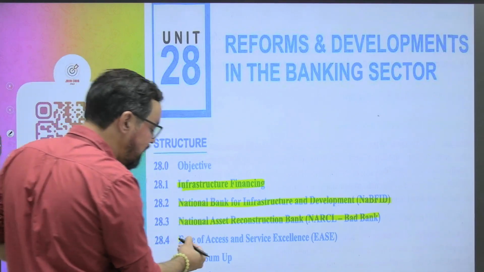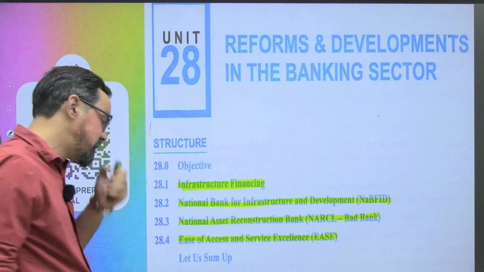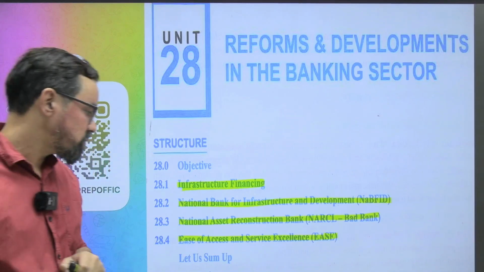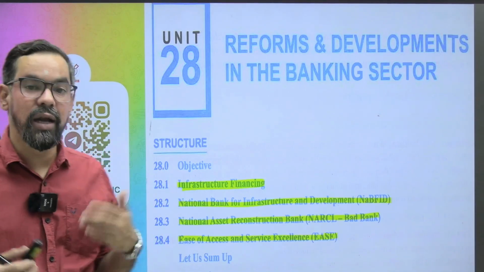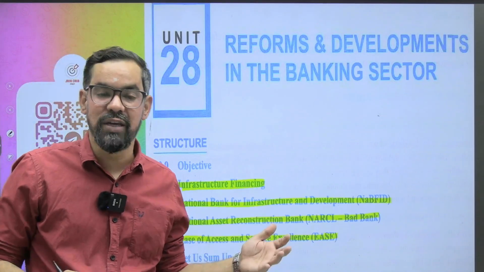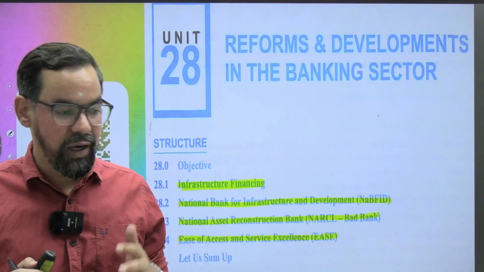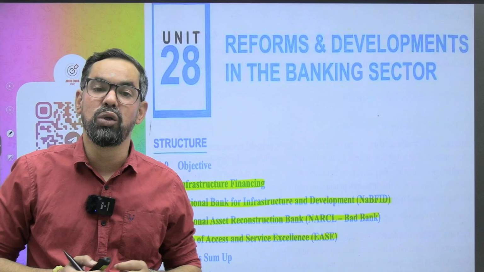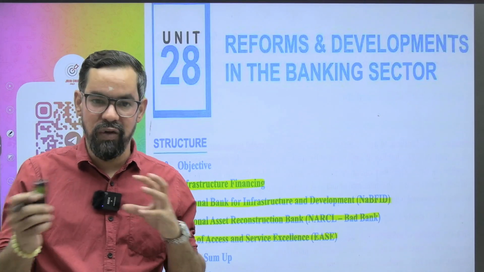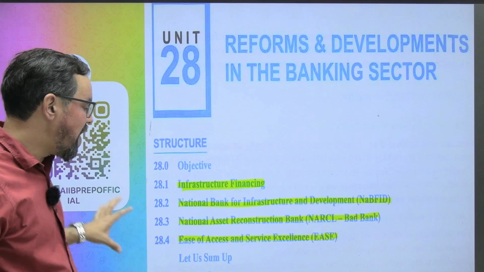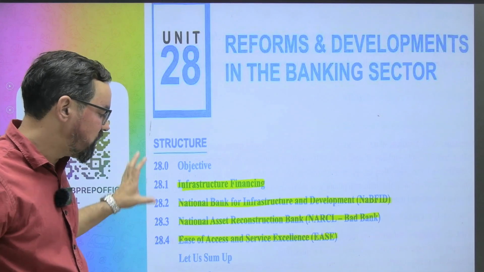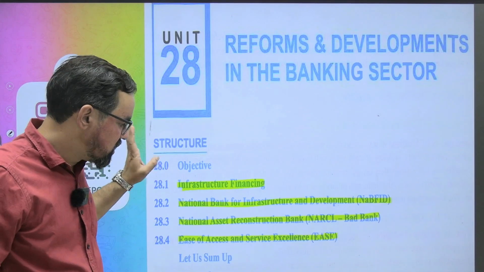And the EASE program, Enhanced Access and Service Excellence. The current EASE for 24-25 is 7.0, and it was started in 2018 itself. So far we have 7 versions of this particular one.